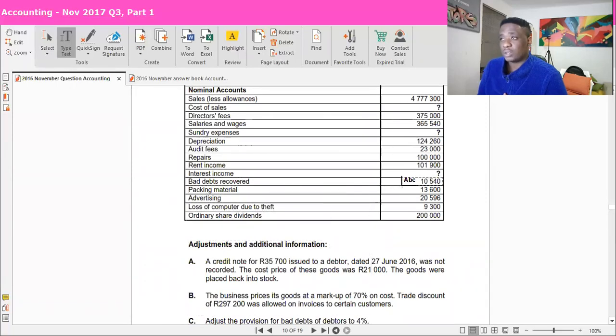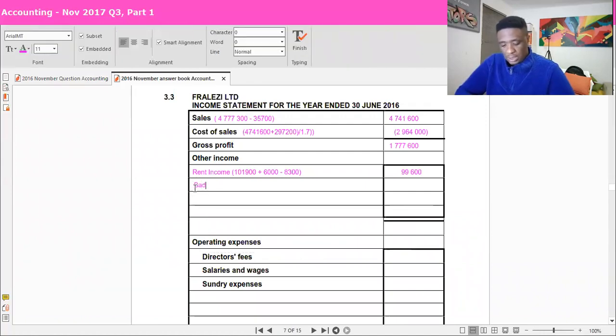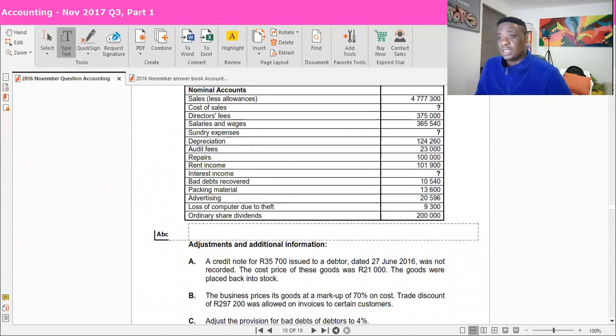We'll take the amount as is, and it will be 10,540 bad debts recovered.